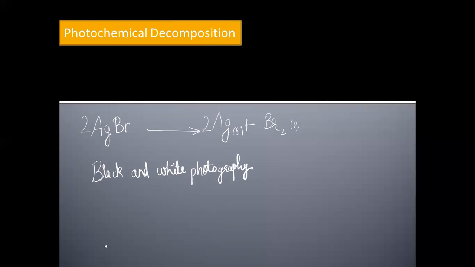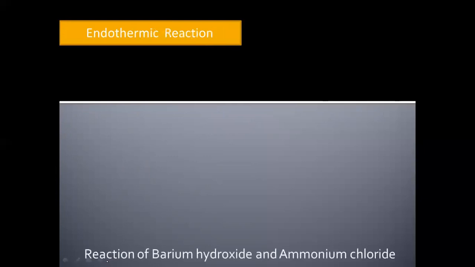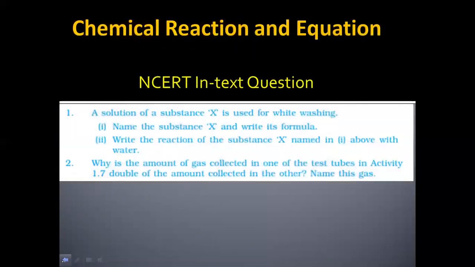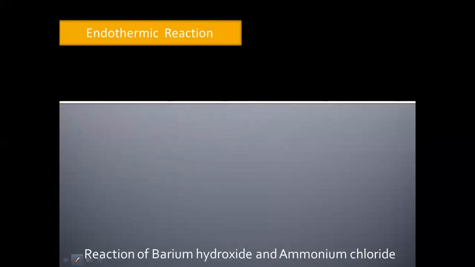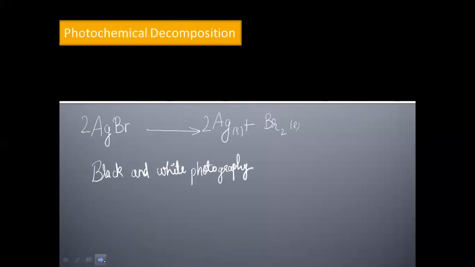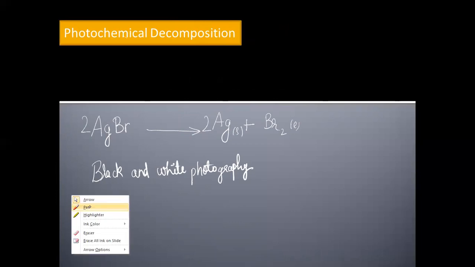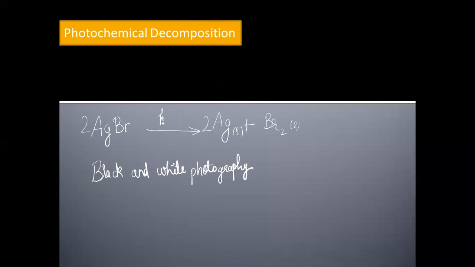Now, after the three types of decomposition, it's the turn to know endothermic reaction, what it is. Endothermic, as the name suggests, endo means inside. If you look at photochemical decomposition, what we are doing in this case, AgBr is placed in sunlight, that is represented by the symbol H nu also.